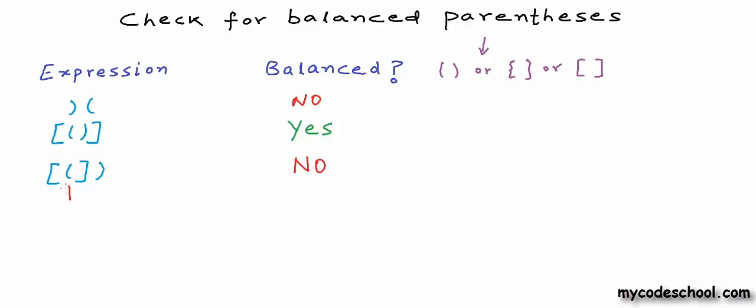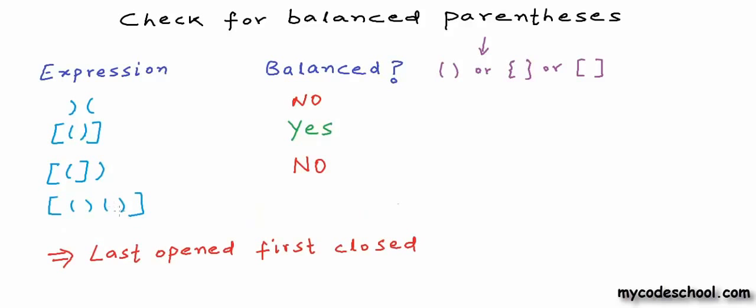This parenthesis has been opened after this square bracket. So this square bracket cannot close unless this parenthesis has closed. Anything that is opened last should be closed first. Well, actually it should not be last opened first closed. In this example here, this is getting opened last.